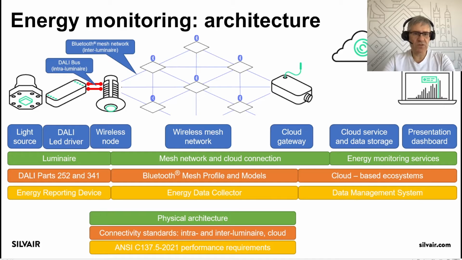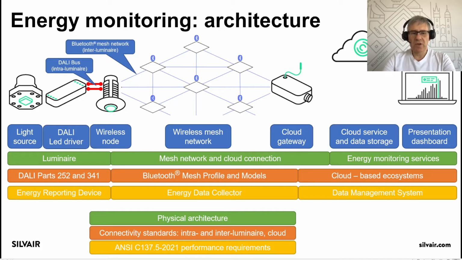And all those three components, they basically sit inside a luminaire. So we call it an intra-luminaire setup or intra-luminaire network, which is handled by the DALI connection. Now, each luminaire internally looks like here. Of course, there may be multiple drivers, there may be multiple light sources, but in principle, those three types of components are inside each luminaire.